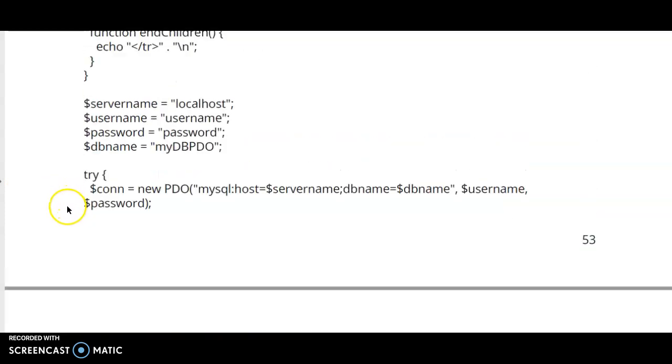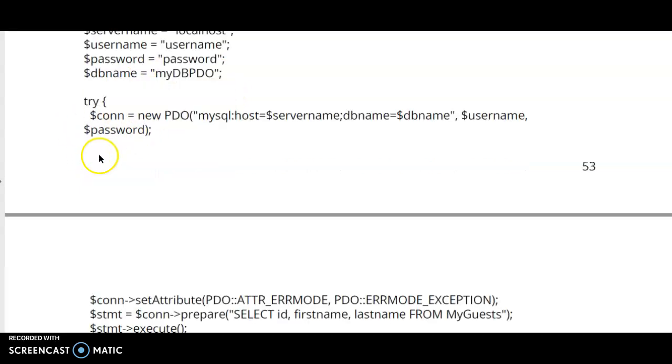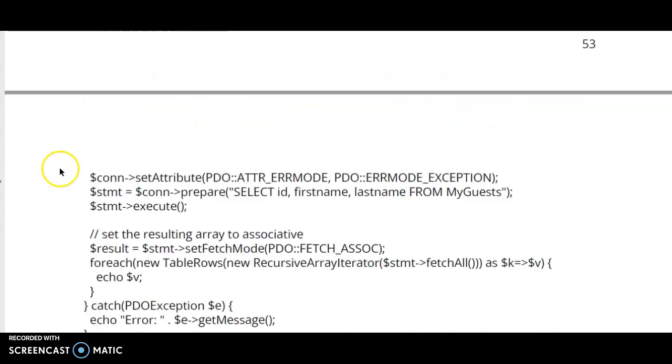Okay, and the next point is the same: servername, localhost, username, password, database. Try connection new PDO, mysql:host=$servername;dbname=$dbname, username, password.